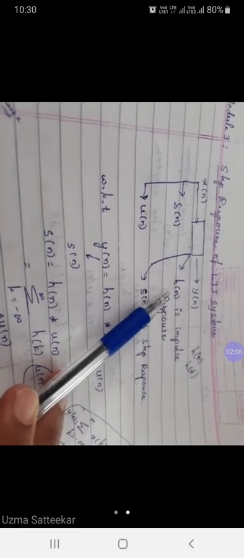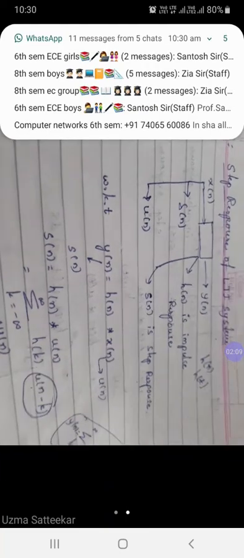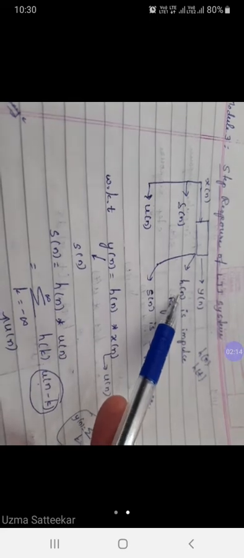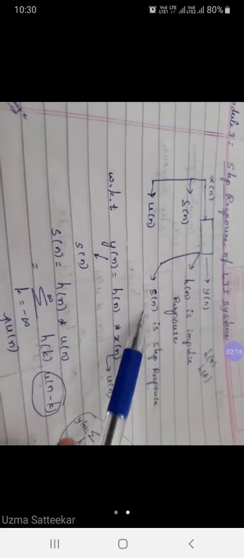Similarly, if the question has the impulse response in it, then based on the given impulse response, we can calculate the step response. How? Let us see. We have already known about this. The convolution equation, the output, is given by x of n convolved with h of n.